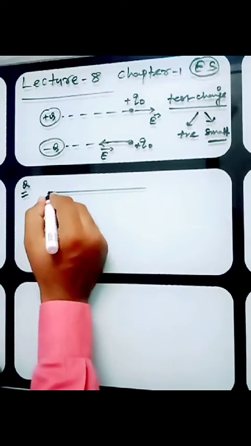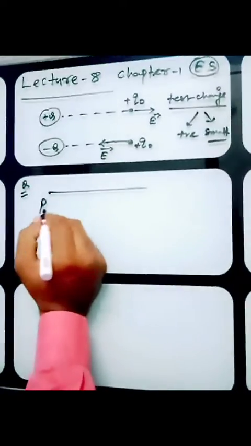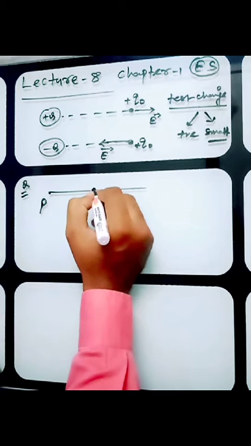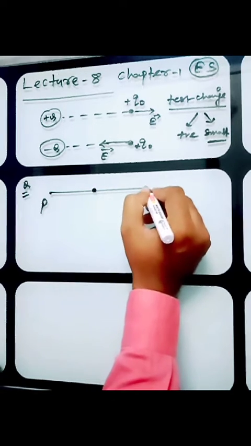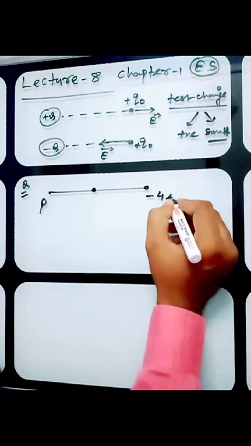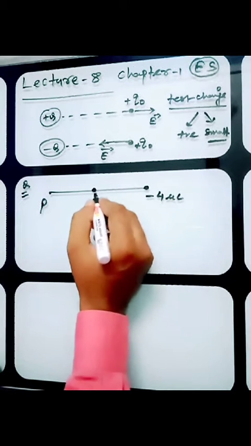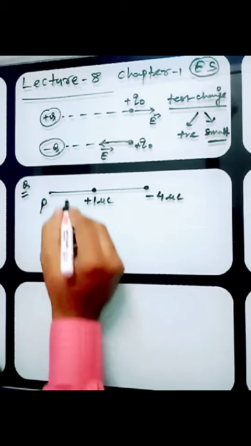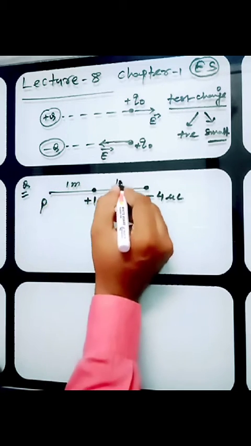This is a line, and at point P, the observation point, you have to find the electric field. You have two charges, 1 and 2. This is minus 4 microcoulomb and this is plus 1 microcoulomb. Distances are 1 meter and 1 meter.